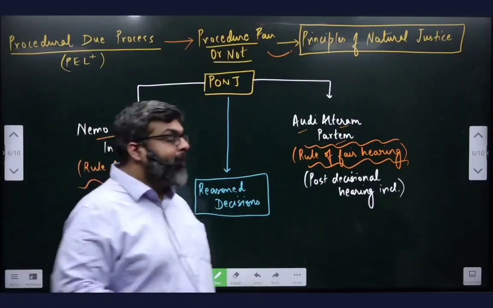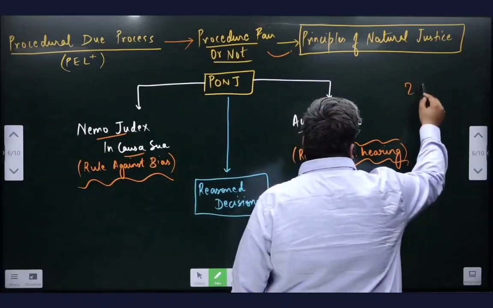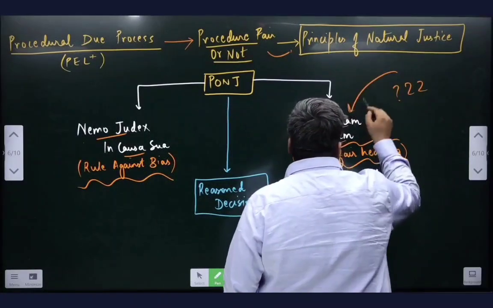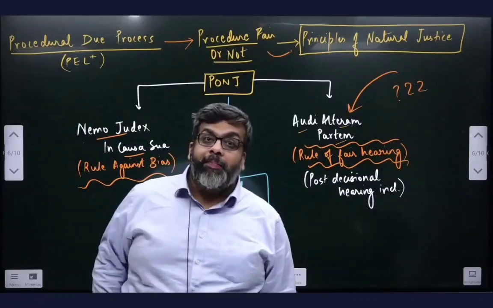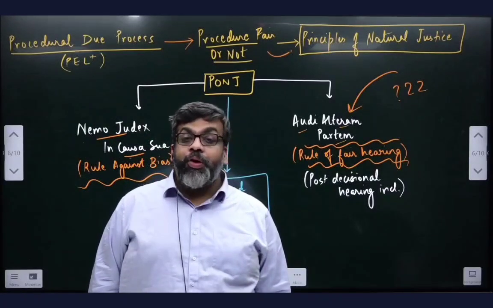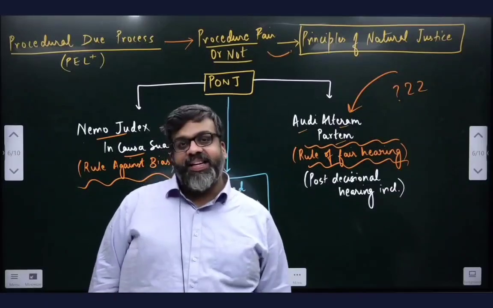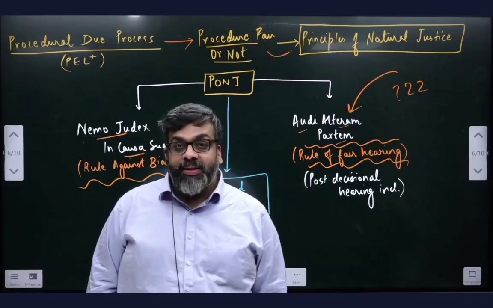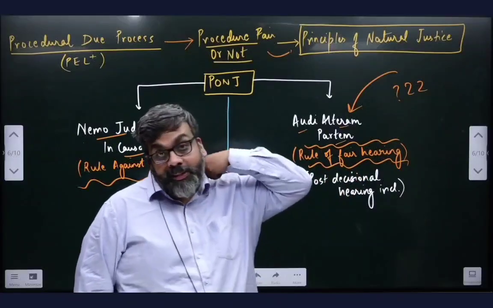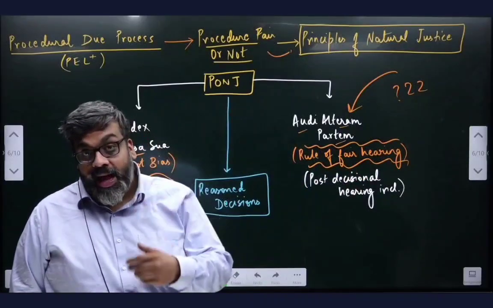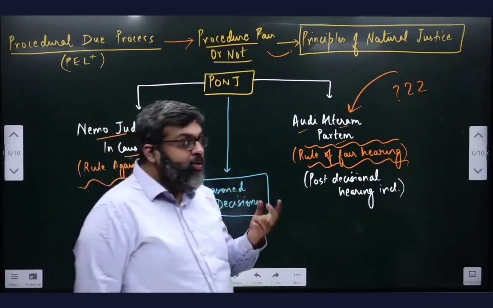This is why Article 22 is a huge question mark on the rule of fair hearing, because under preventive detention you do not have the right to seek legal counsel, as preventive detention goes against the fundamental concept of a fair hearing.